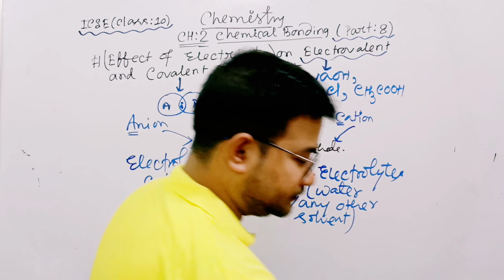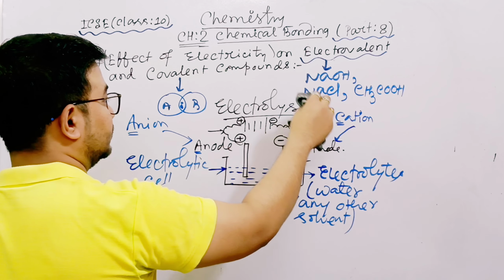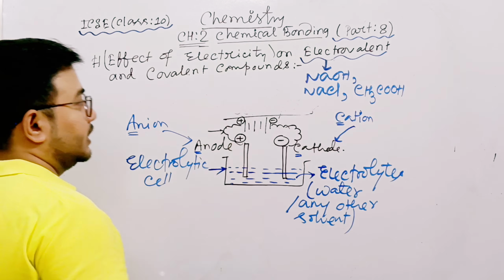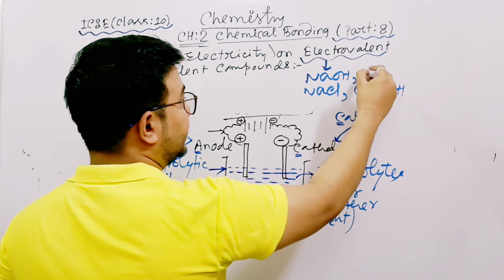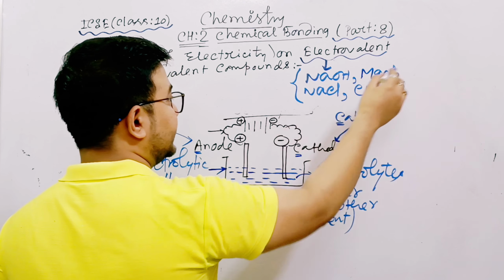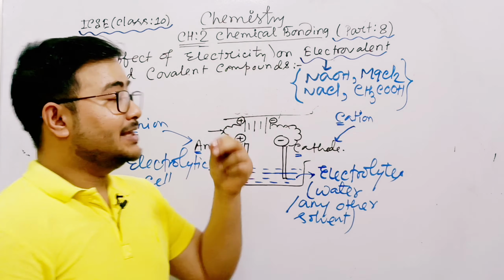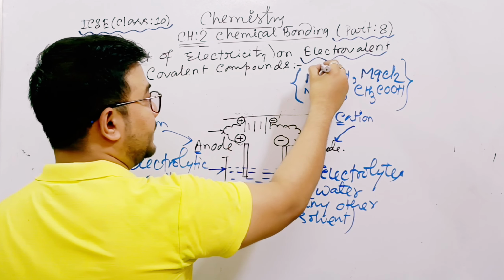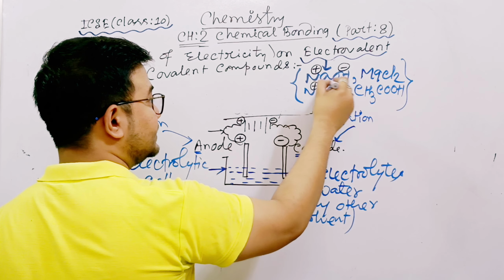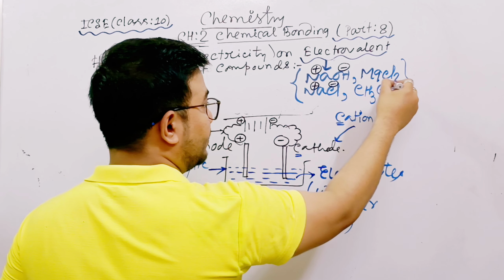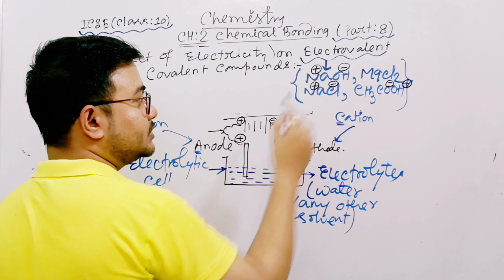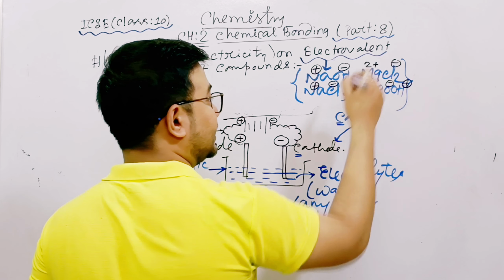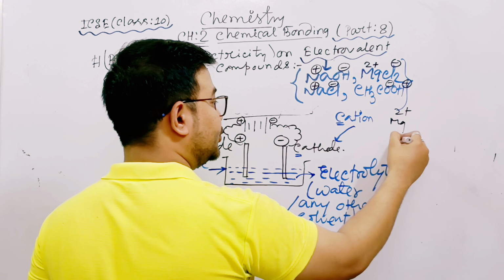So many electrovalent compounds are there. You can take magnesium chloride. Okay, these are enough. So as we know, electrovalent compound means there are two ions, that is here Na+ OH-, here Na+ Cl-, here CH3COO- H+, and in case of MgCl2 cleavage, Mg2+ and 2Cl-.